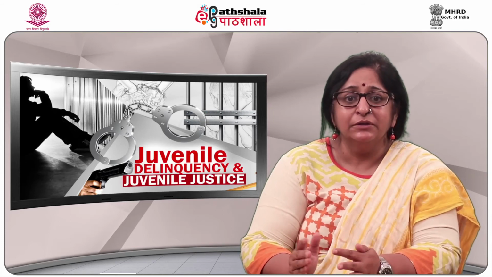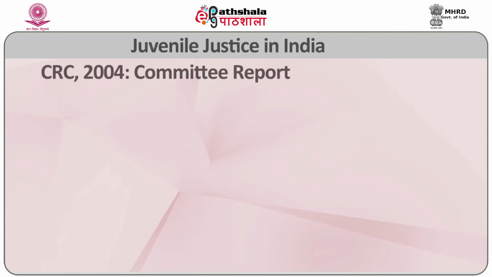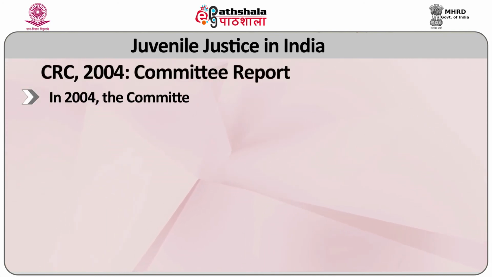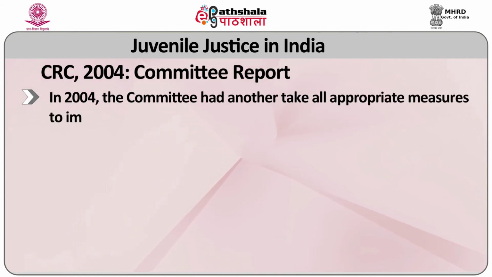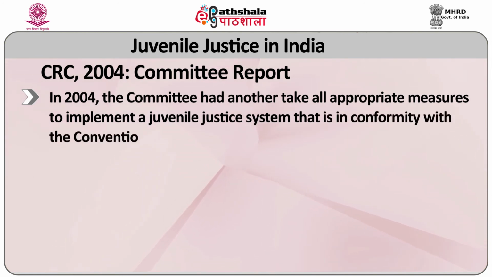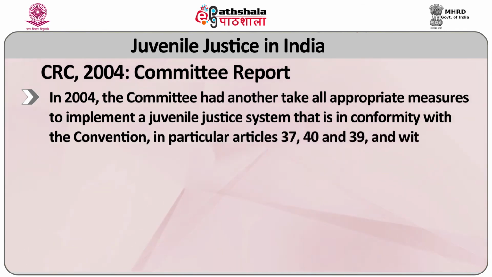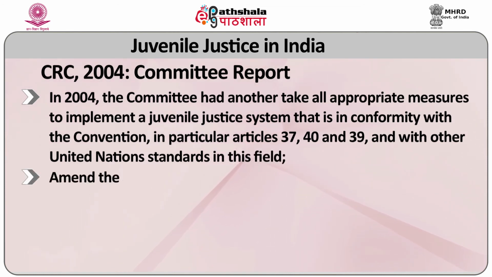It called upon the Indian government to 1. Take all appropriate measures to implement a juvenile justice system that is in conformity with the Child Rights Convention, in particular Articles 37, 39 and 40, and with other UN standards in this field. 2.